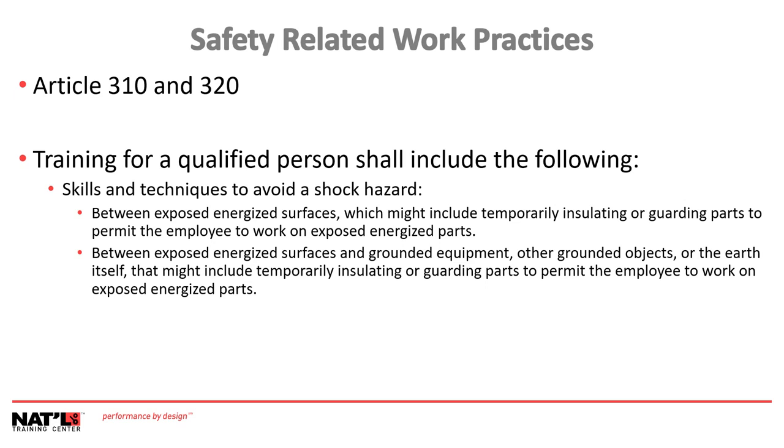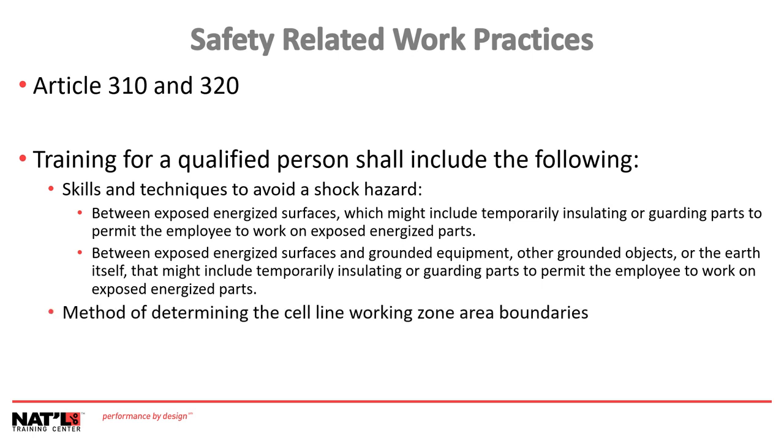Training for a qualified person shall include the following: skills and techniques to avoid a shock hazard between exposed energized surfaces, which might include temporary insulating or guarding parts to permit the employee to work on exposed energized parts; between exposed energized surfaces and grounded equipment, other grounded objects, or the earth itself, that might include temporarily insulating or guarding parts to permit the employee to work on exposed energized parts; and finally, methods of determining the cell line working zone, areas, and boundaries.